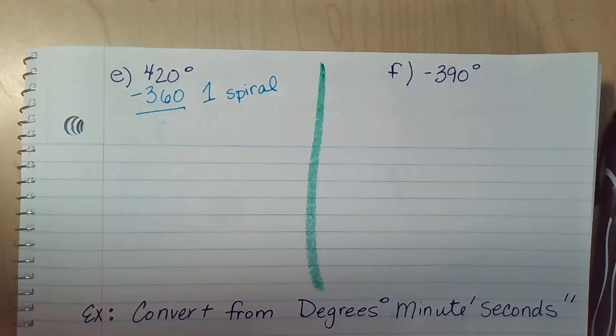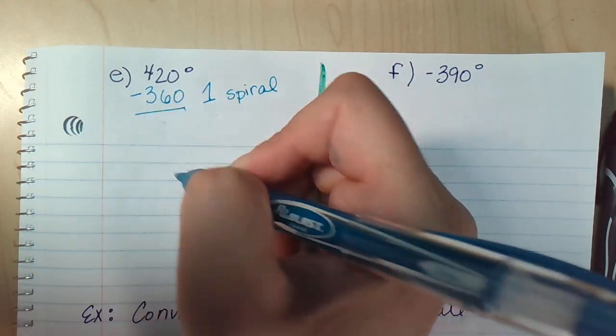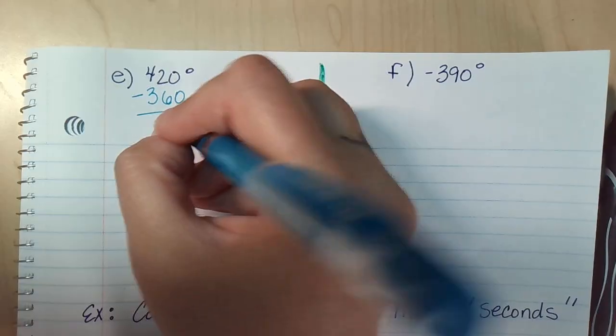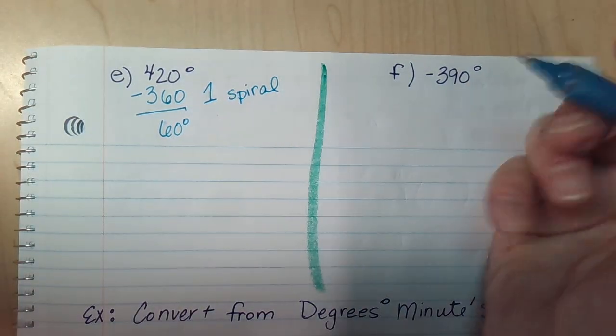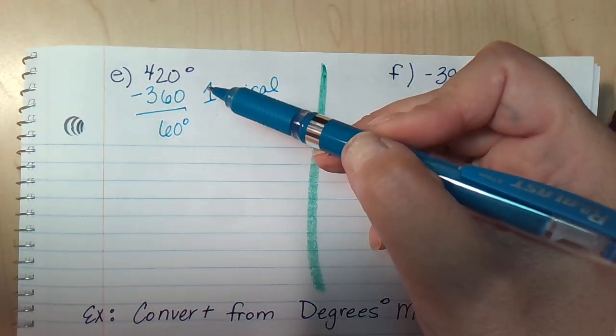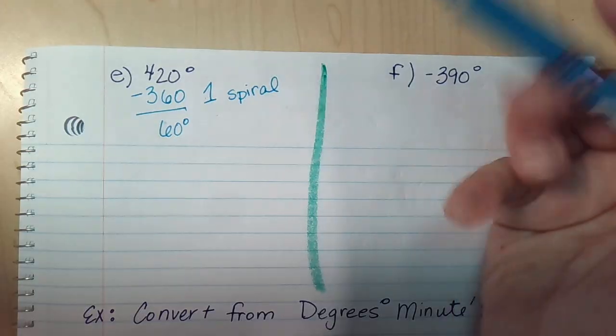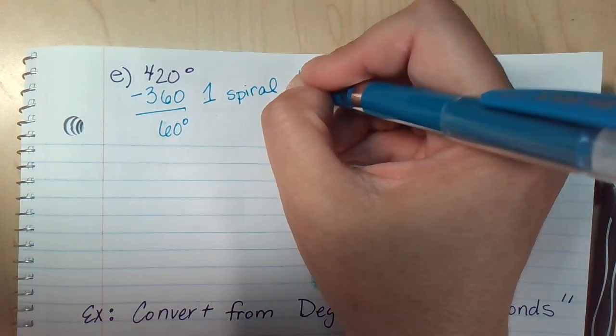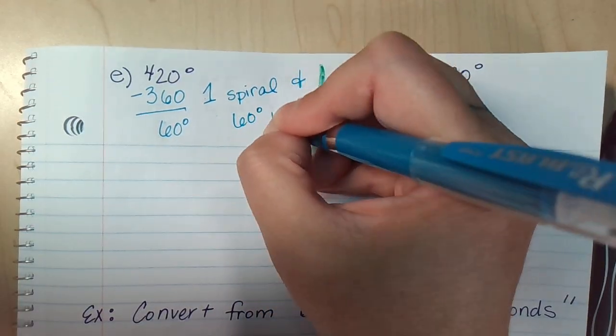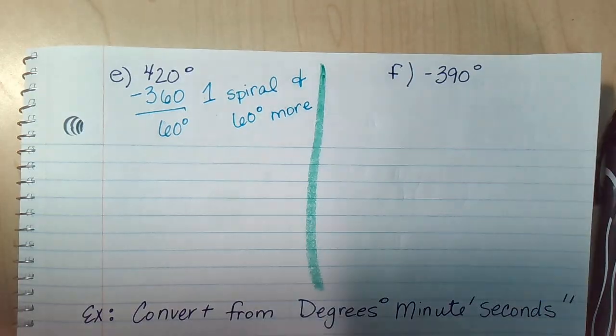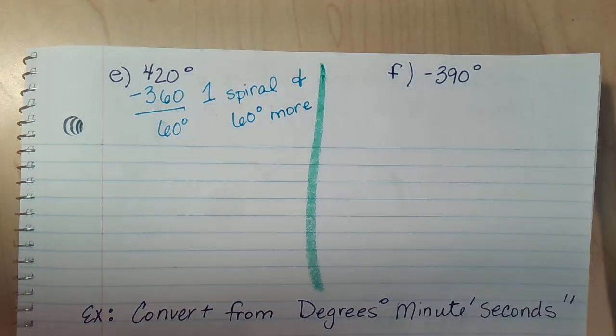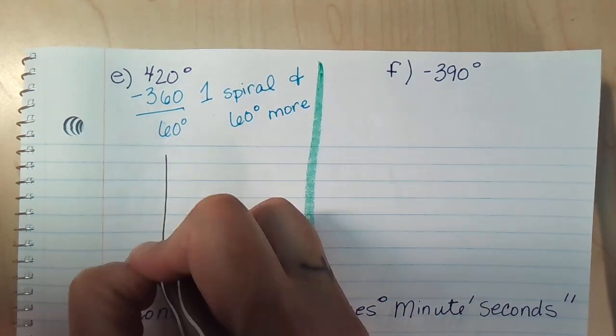Okay, and then if we subtract these, I get 60 degrees. So when we draw, we're going to draw one spiral and 60 more. So we're going to spiral around once and then go 60 more degrees.